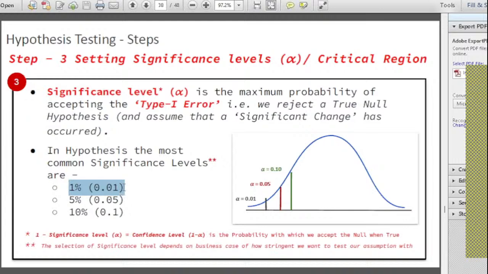If you want to be very relaxed with errors, you can accept 10% errors with the samples that you are taking. Otherwise, if nothing is given, which is 95% of the cases, we safely assume the significance level to be 5%. Is that clear? Is this clear to all of you?